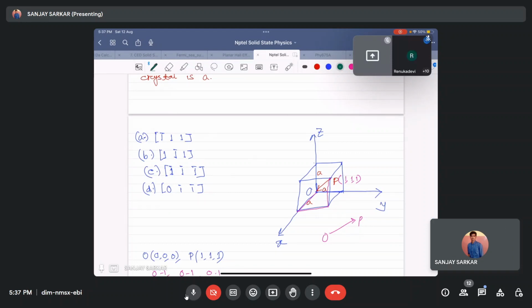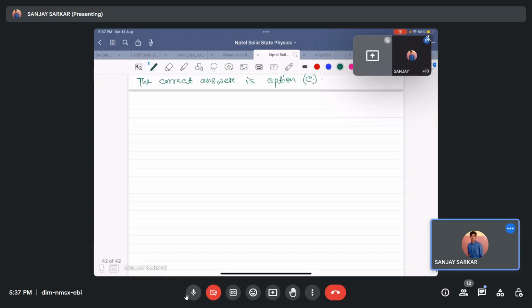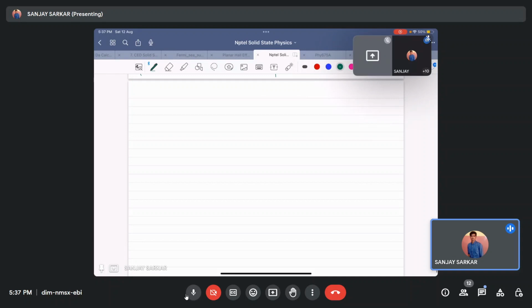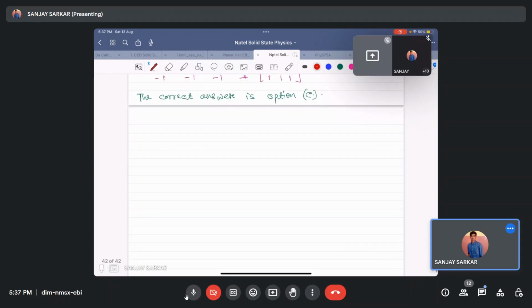Clear? Yeah, so there is one more question like this, which is a bit tricky. Not tricky, it is also easy. You can calculate this also. So here also they asked to calculate the Miller indices, determine the indices for direction.